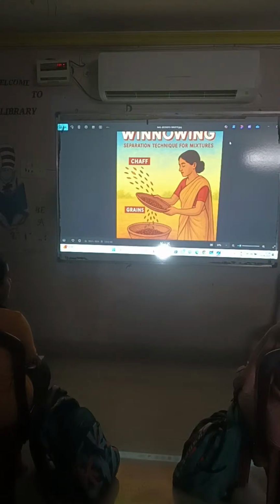Heavier particles come down and lighter particles blow away with the wind. Actually, we apply this technique in separating husk from the pulses and husk from the paddy.